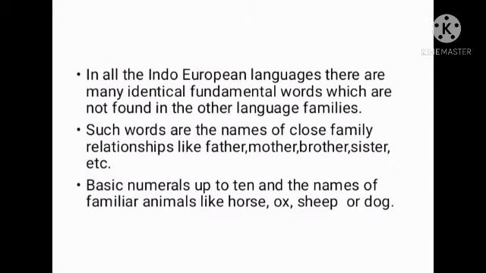In all the Indo-European languages, there are many identical fundamental words which are not found in the other language families. Such words are the names of close family relationships like father, mother, brother, sister, etc., basic numerals up to 10, and the names of familiar animals like horse, ox, sheep or dog.